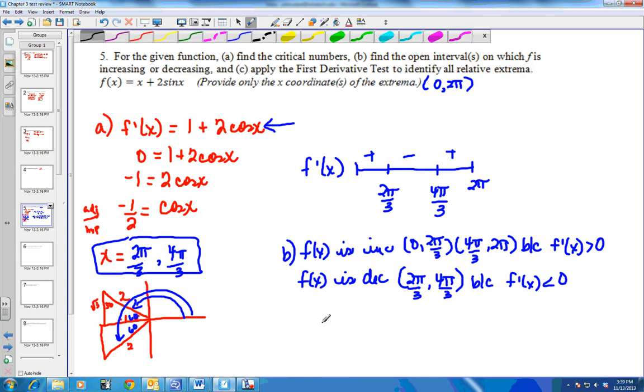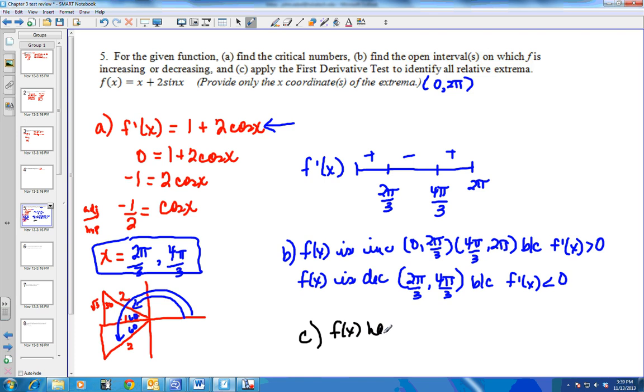And then part C says identify all relative extrema. So that means find our maxes and mins. Okay, f of x has a max, and I'm looking where the derivative went from positive to negative. So it went from positive to negative when x is 2 pi over 3. Because my derivative went from positive to negative.